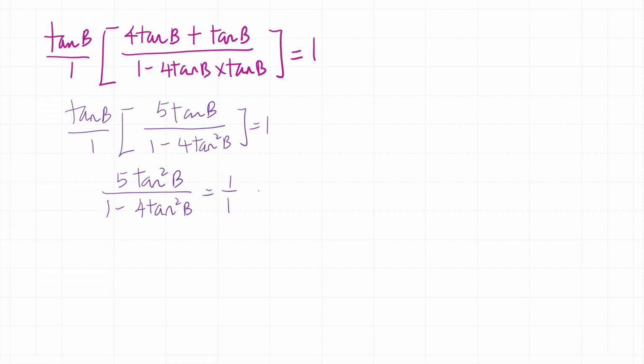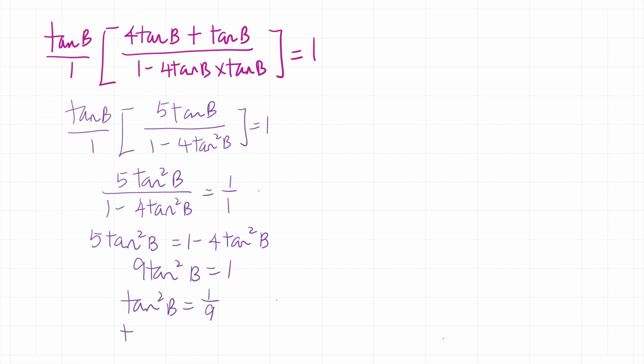Alright, then you can do a cross multiply. So that will give you 9 tangent squared b equals to 1. So tangent squared b equals to 1 over 9. So tangent b can be positive 1/3 or negative 1/3.